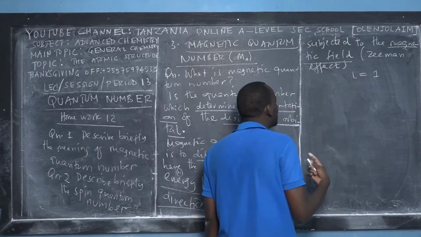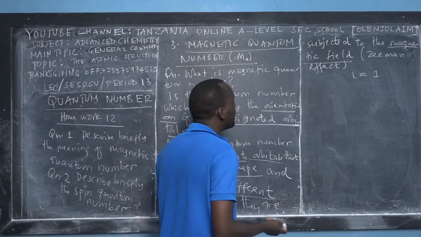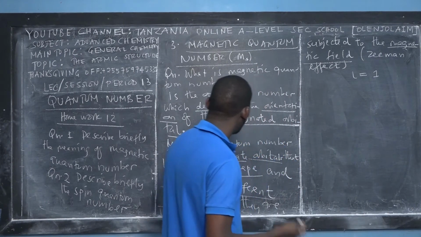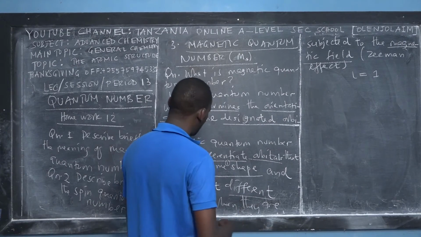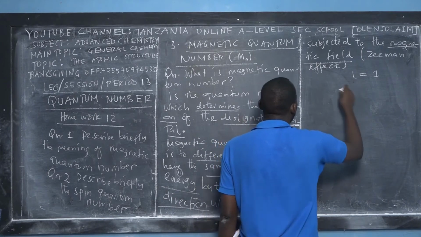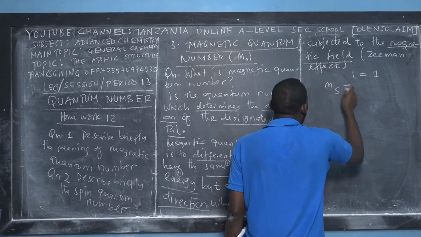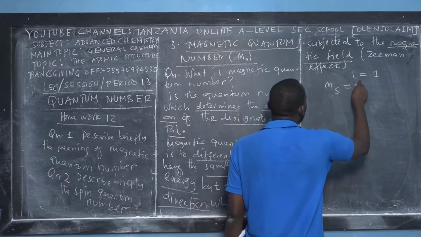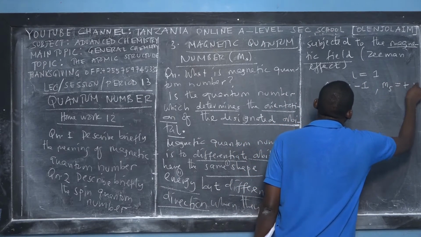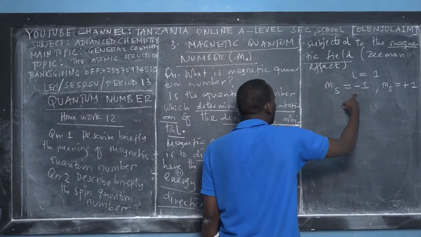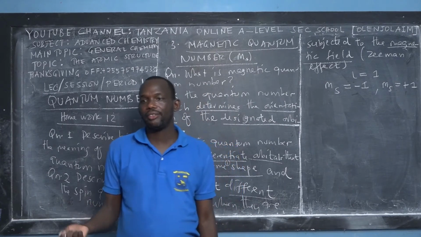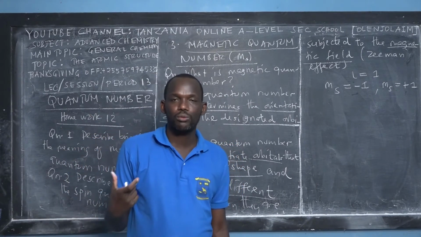If we have certain orbitals with the same energy and the same shape, but I want to check the direction, then for this one the magnetic quantum number will be -1, and for this one it will be +1. So here we have -1, here we have +1. So we have two different directions. So those are the main functions of the magnetic quantum number.